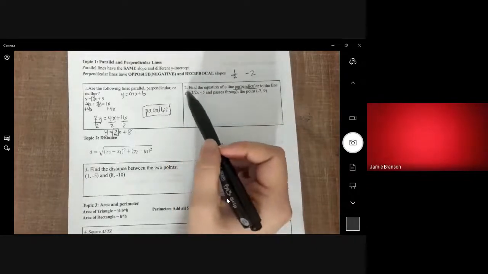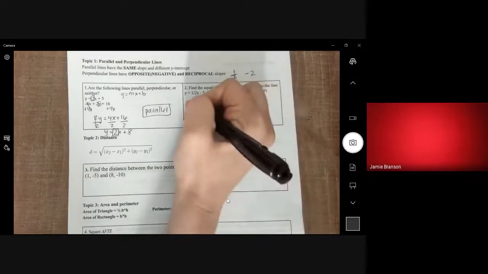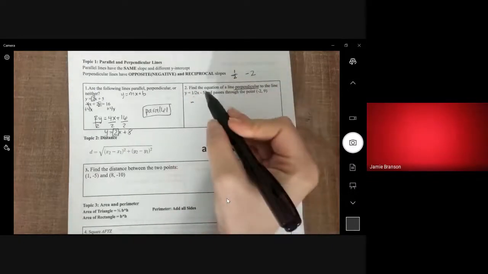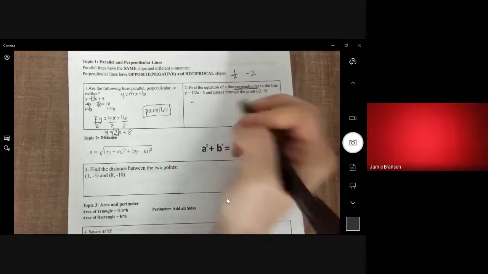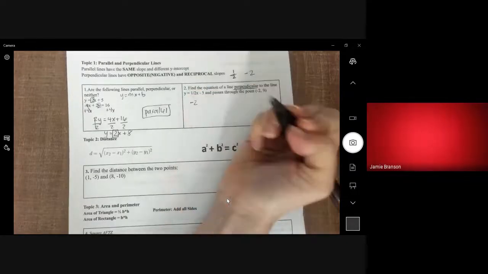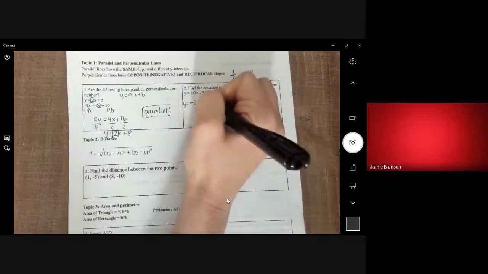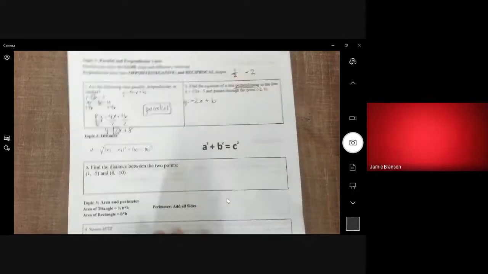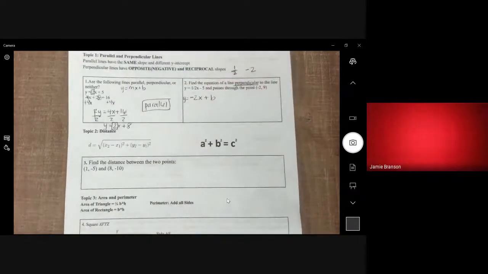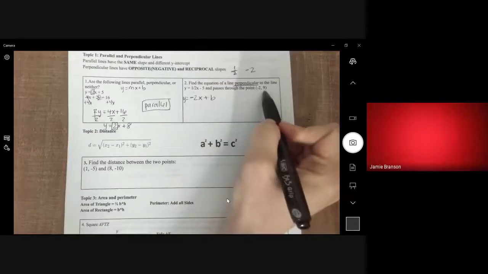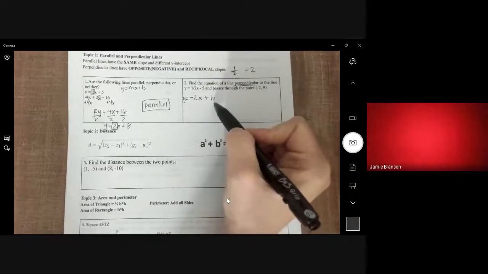So this slope is 1/2. That's positive, so we're going to make the new one negative. And then if we do the reciprocal of that, that's going to be 2/1, or 2. So our equation is going to look like y equals -2x plus something. And our job is to use this point to help us find that y-intercept.